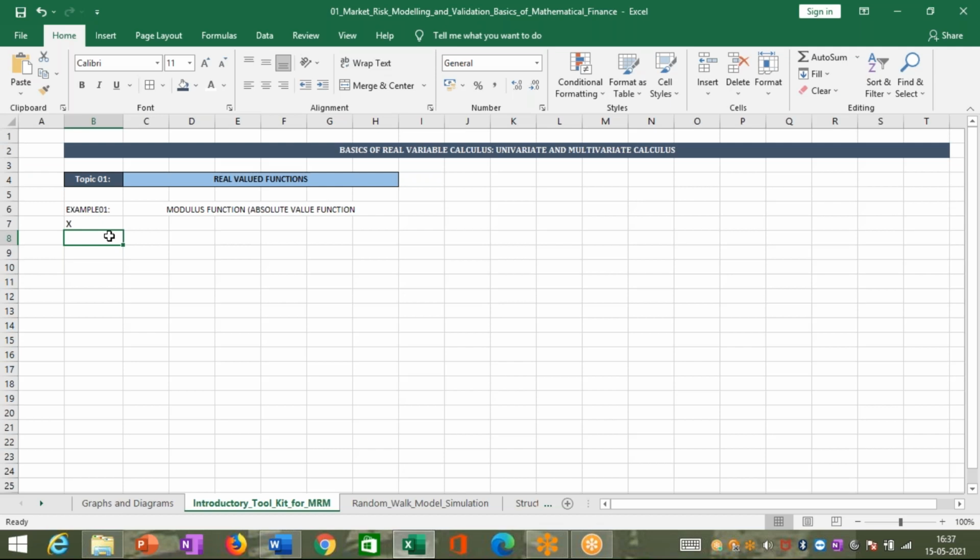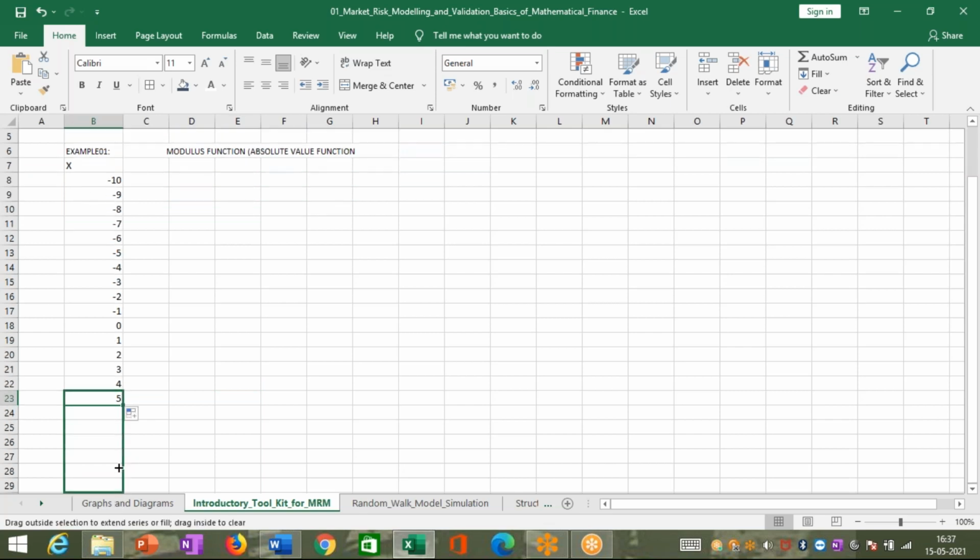My condition starts at -10, and the next step onwards, it's -1. So what I have done is I have generated a series from -10 to +10, right?